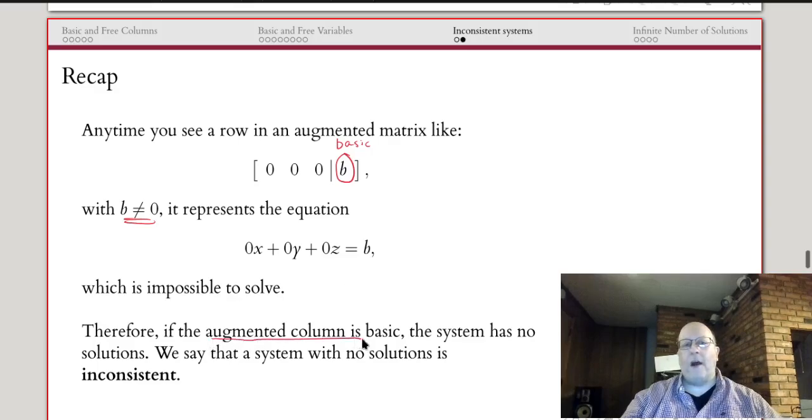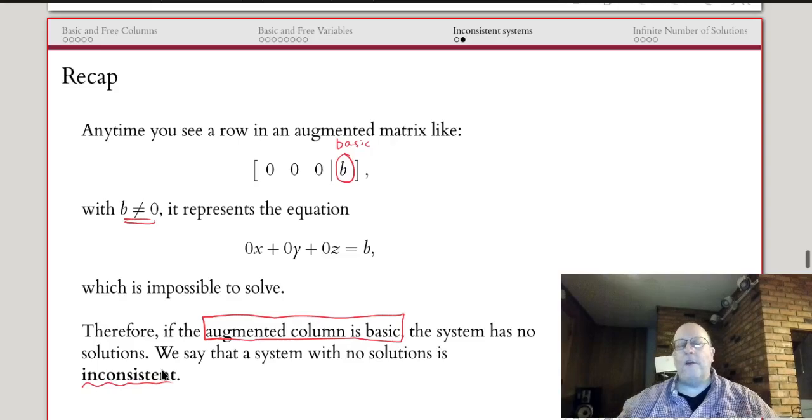If the augmented column is basic, the system has no solutions. Or we can say that the system is inconsistent. There's no way to make the equations come to an agreement.